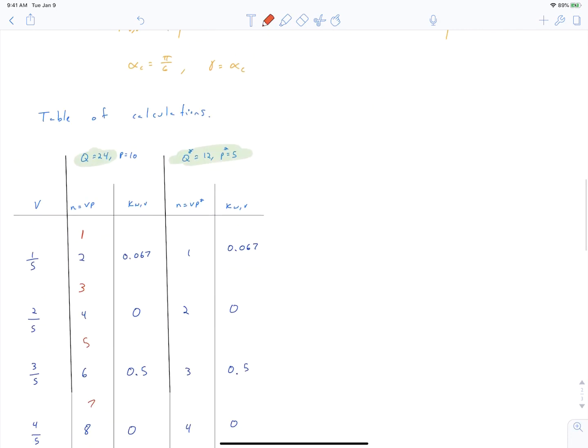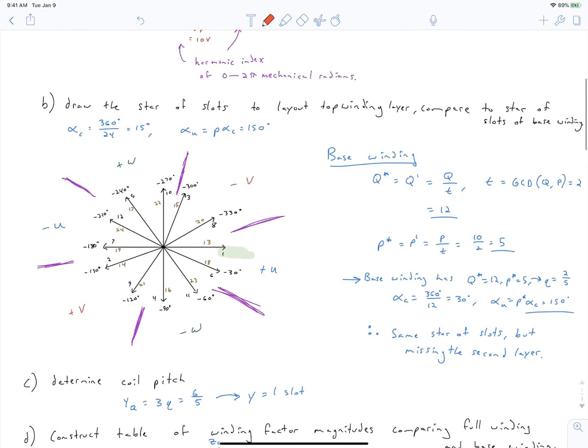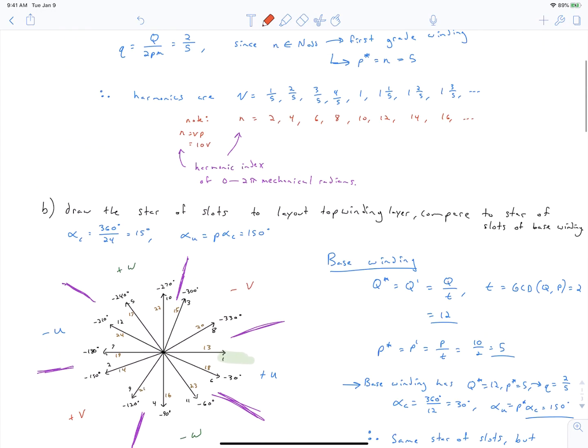Because we can map this, can go over here to this harmonic as 1/10, 3/10, and so on. And if you plug those in, you will find that you get 0 winding factor at those harmonics, which is what our calculations anticipated up here in part A. That is what we expected based on this analysis.